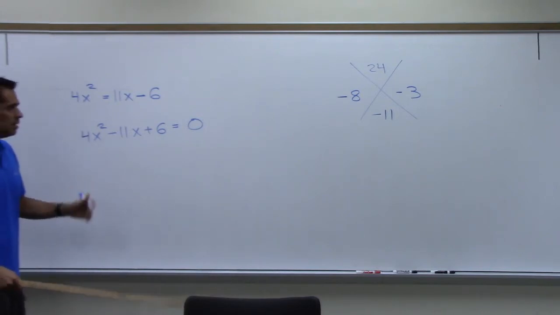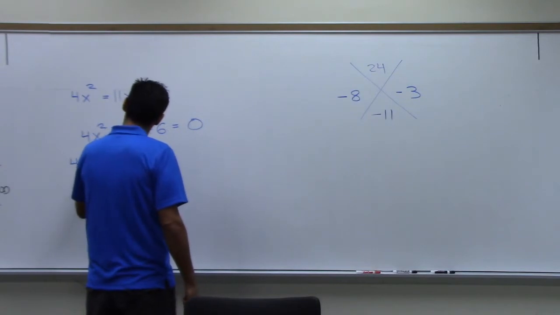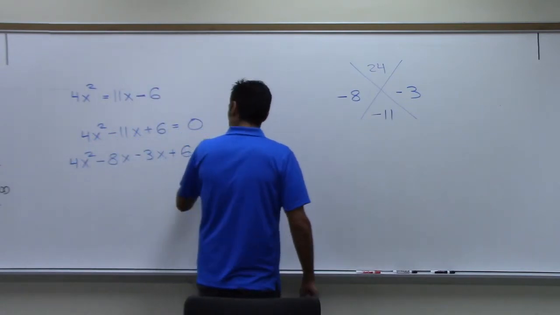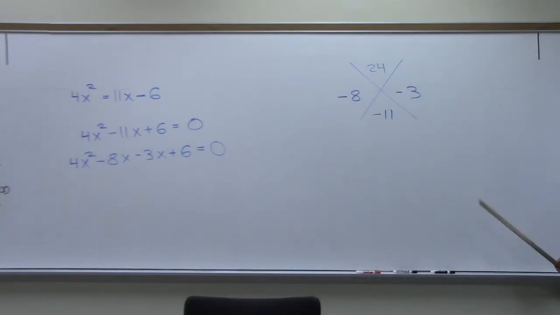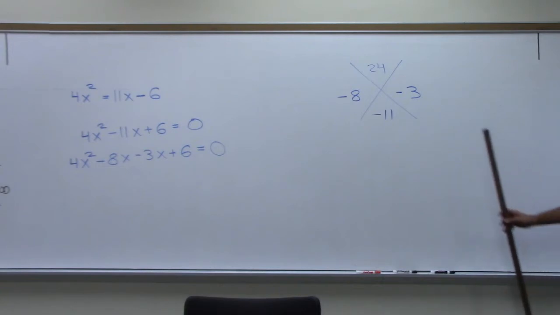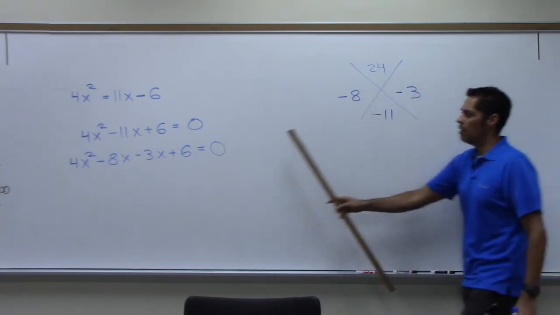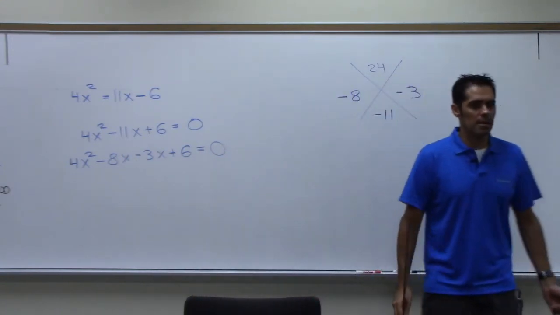So I'm building off of what we've already done today, right? What did I say would happen if you switched the order? You put the negative 3 here and then negative 8 here, and you switched them. It should still work, okay? You should still be able to get to it.